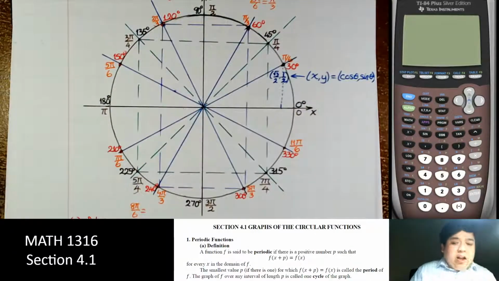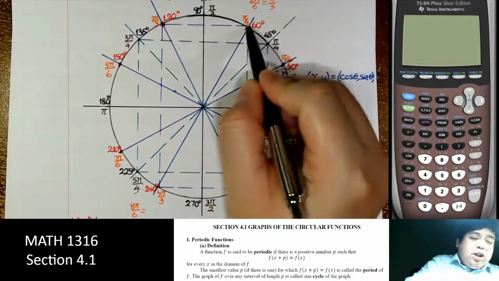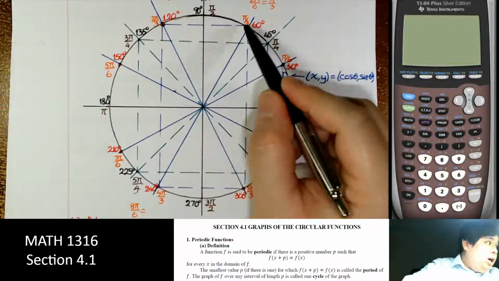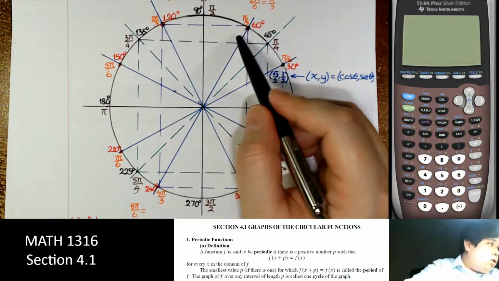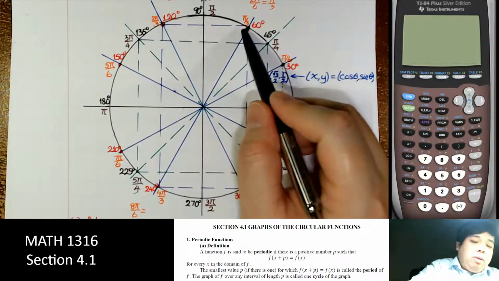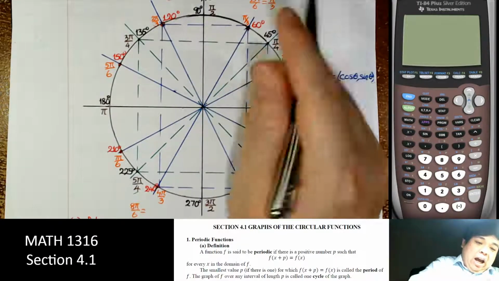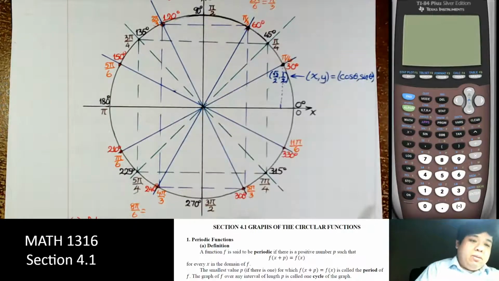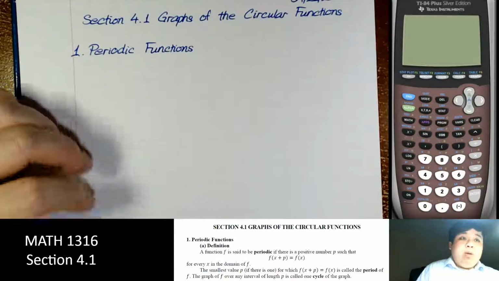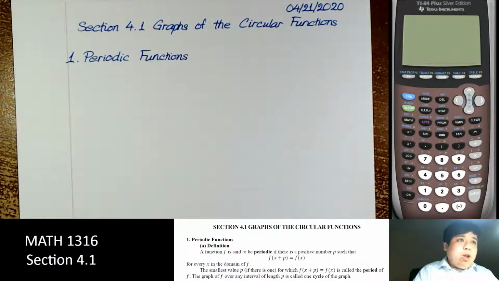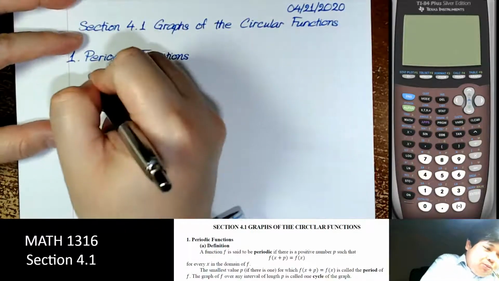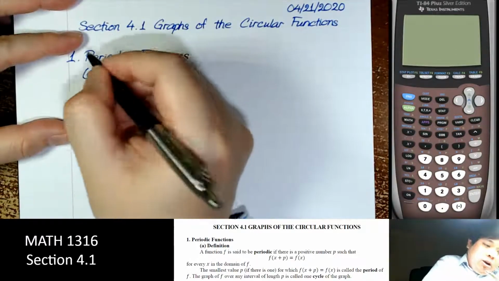Now, the thing about the circle is that if we have a point and we go 2 pi, we get back to the same point. We can go in the reverse direction and still get back to the same point. So if it is at the same point, the x values and y values will be the same. In that case, we can say that the values will be repeated after 2 pi. So that we call a special case of the periodic function.